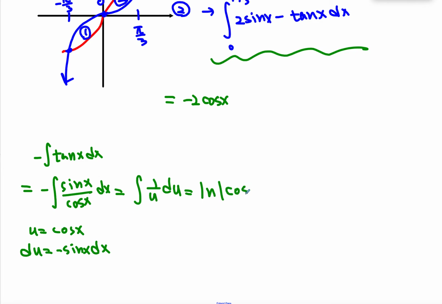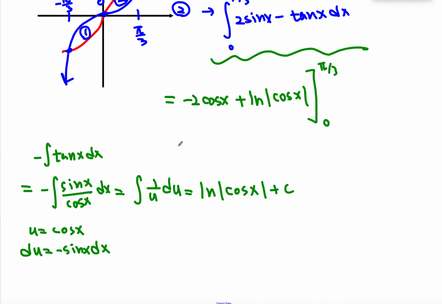So we have ln of cosine of x plus c. But since this is a definite integral, we don't have to worry about plus c. So I'm just going to write down plus ln of cosine of x goes from 0 through pi over 3, because the negative sign we included in the integration here.